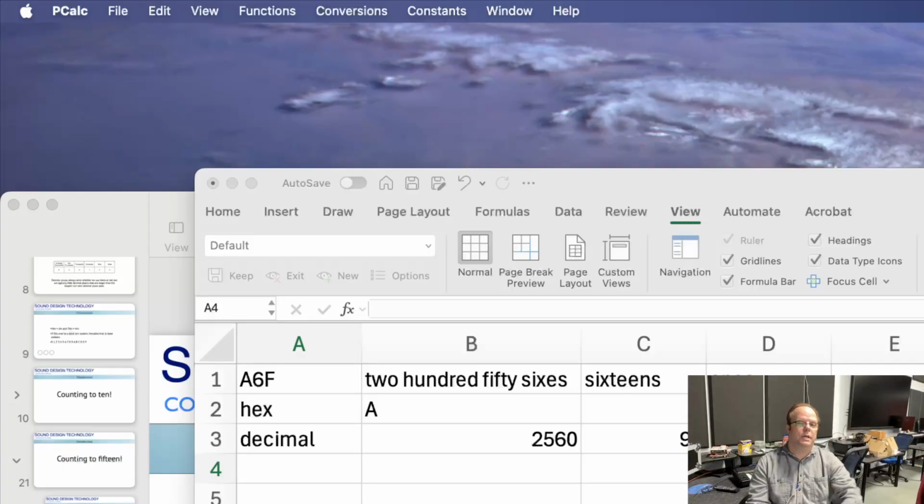I got 2,671, otherwise known as A6F in hexadecimal. Yeah. There you go. I just put in 15 twice instead of 96. So that's doing it the other way.